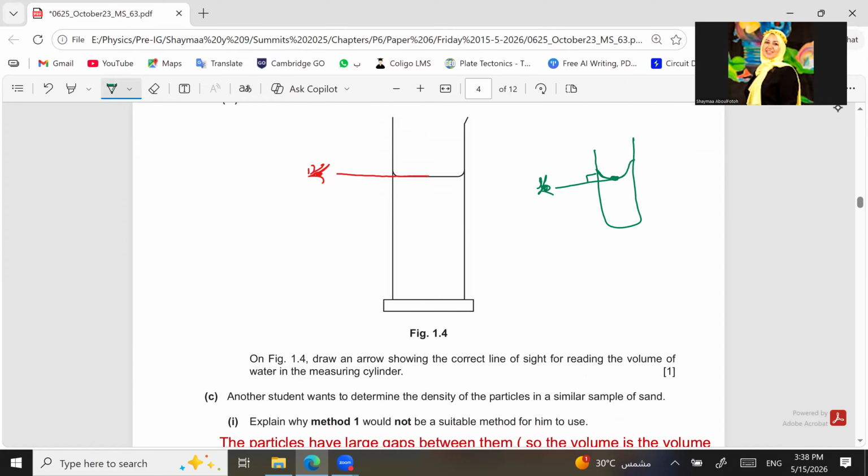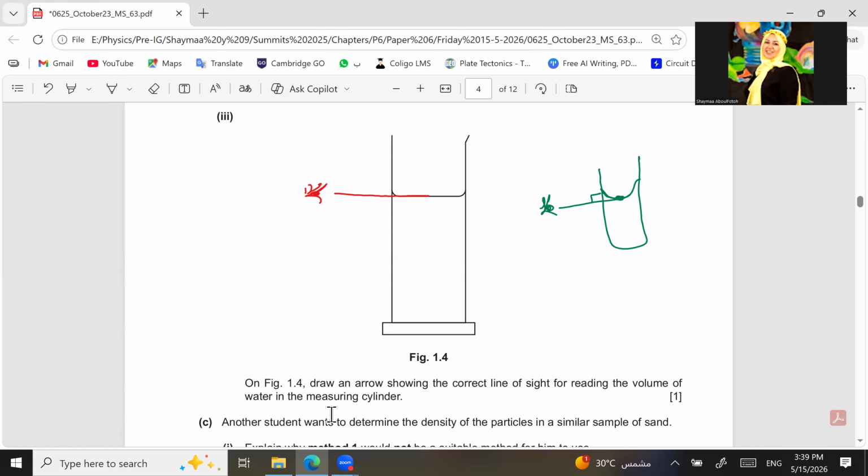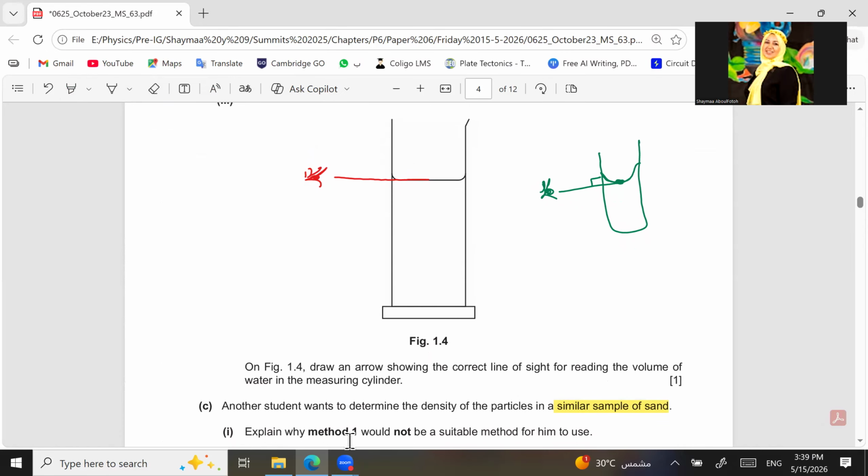Now, let's see. Question C. Another student wants to determine the density of the particles in a similar sample of the sand. Explain why method 1 wouldn't be a suitable method for him to use.